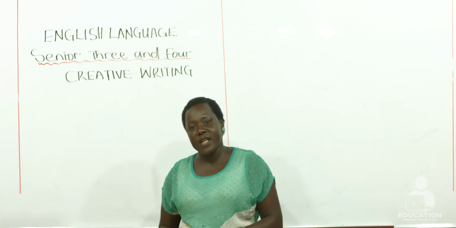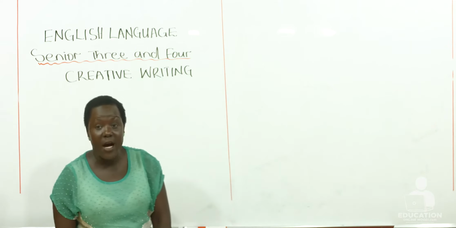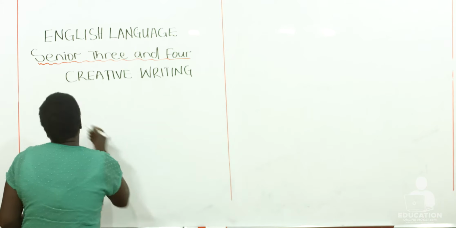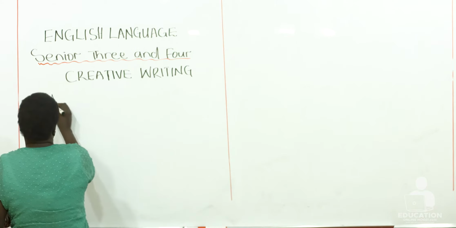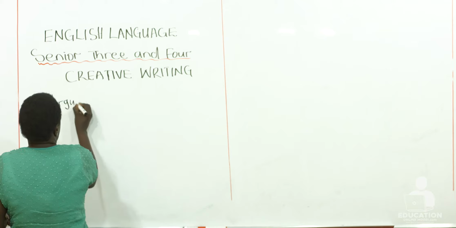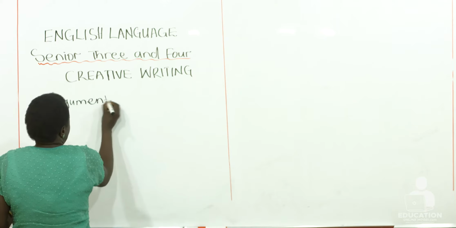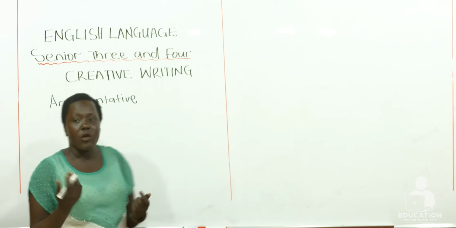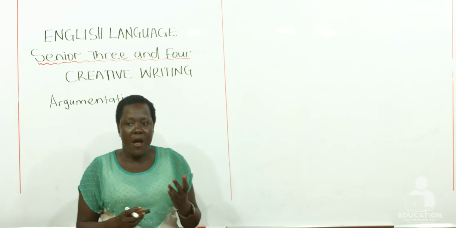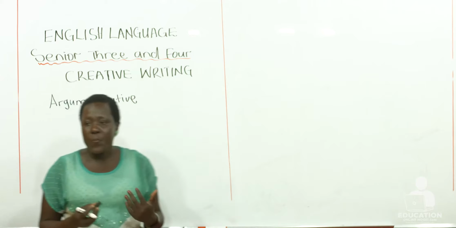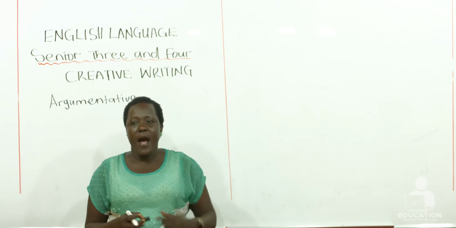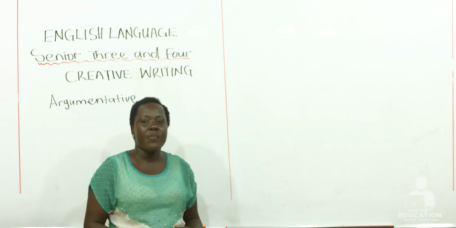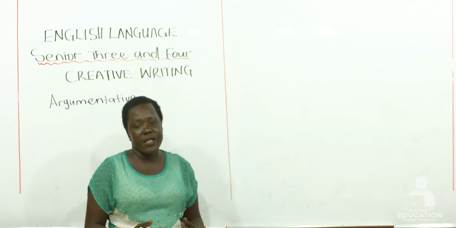So you can write it down with me. We looked at argumentative composition. Argumentative is spelled without E after the U. You drop the E and add ment, which is a suffix in this case.